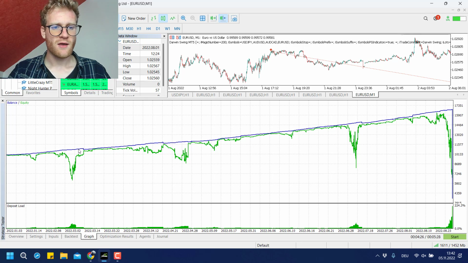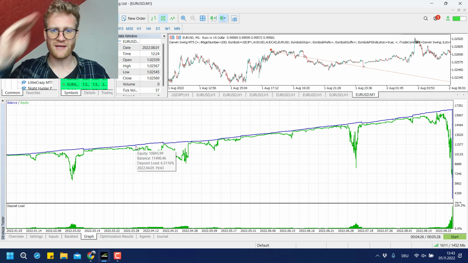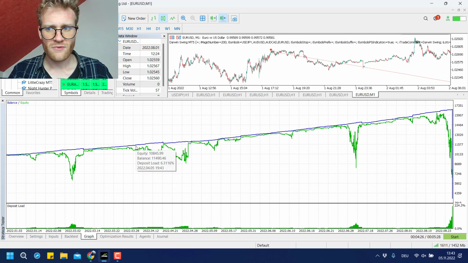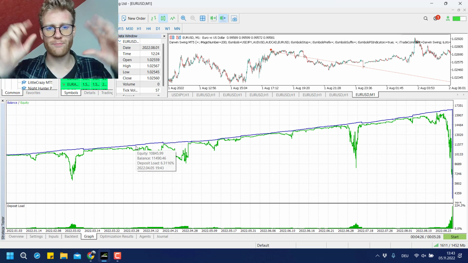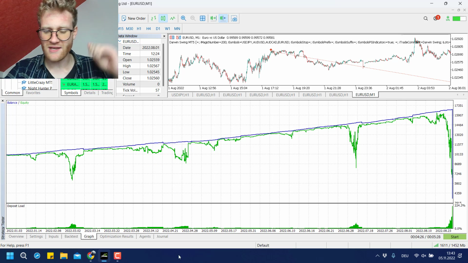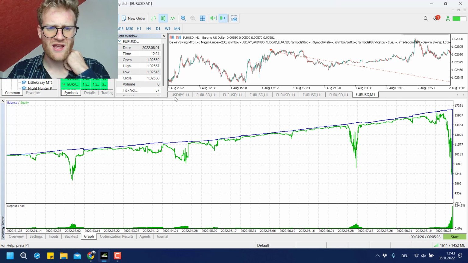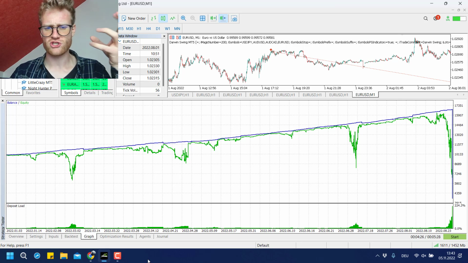I think if you use more symbols or a little bit less risk and stuff like this, the risk of losing your account could be lower. But I would have to do a lot more testing for this. I think you got an overall overview of the strategy.